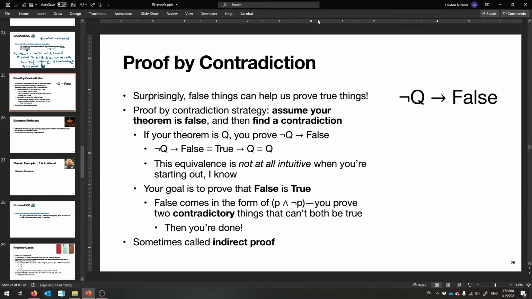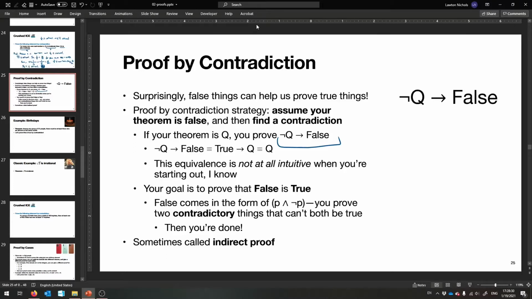It's a fun one. So what you do with a proof by contradiction is you assume your entire theorem, the whole thing, you assume that it is false, okay? And then you find what's called a contradiction, which essentially means that you prove false, okay? So in essence, if your theorem statement, just pack it all into this thing called Q, what you do is you prove not Q implies false, yeah?